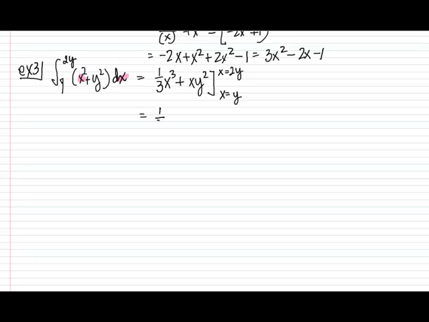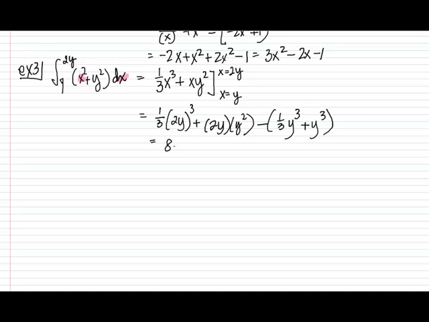And we have 1/3 times (2y) cubed plus 2y times y squared minus 1/3 y cubed plus y cubed. So we need to simplify all of this stuff. And over here on the right-hand side, we have 4/3 y cubed. Adding all these up, you're going to get 10y cubed over 3.